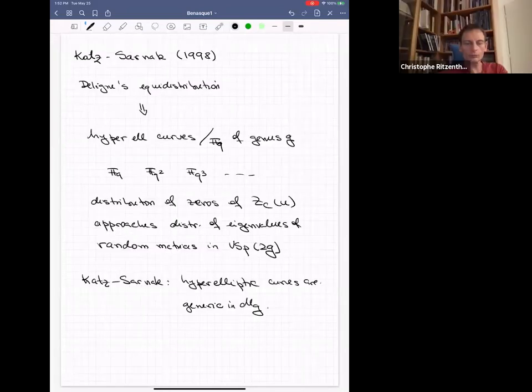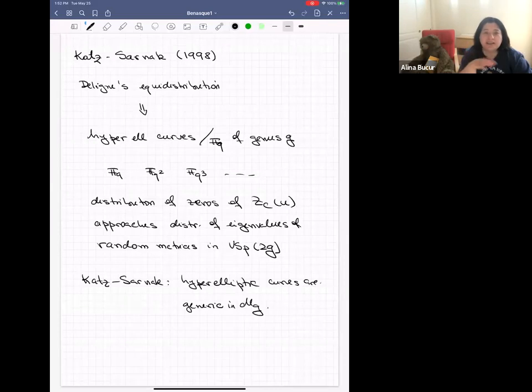Okay, so you fix the genus G and you let Q go to infinity. You look over larger and larger fields and you take the large Q limit. That's when they are generic. Because for genus 3, I think, Christoph, you had this paper with other people and you get some skew distribution, so they are not symmetric.